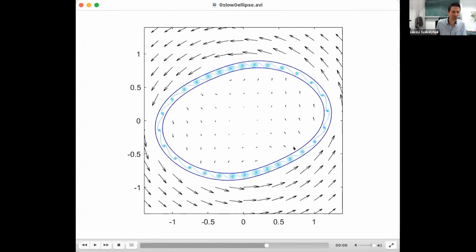You see this roll-up happening, and the two dark blue curves are the curves that we calculate from this ansatz. So first of all, they are deforming, and there's also an opening up rate.